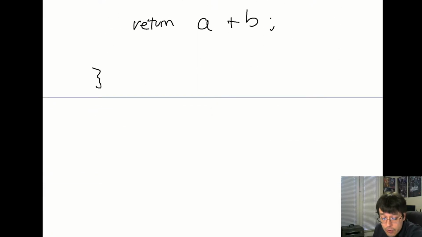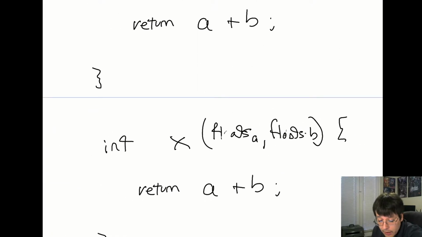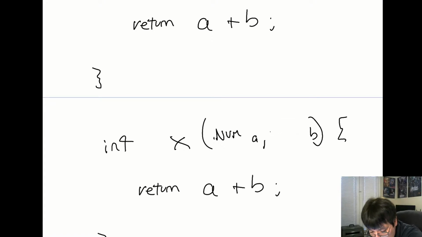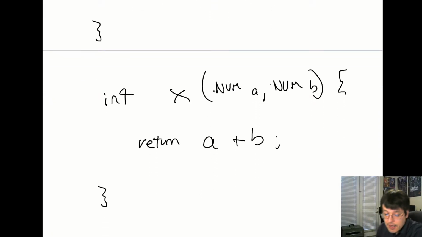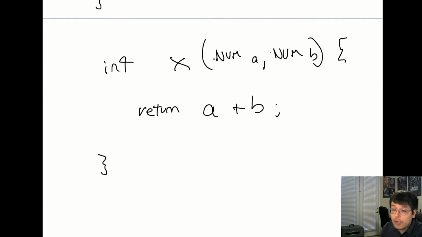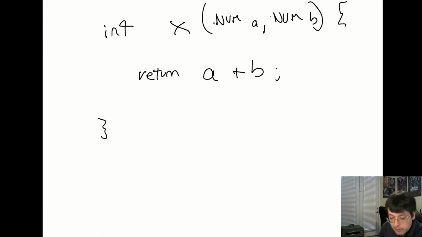And then let's just say that we have some class that we're going to call num. And this could work as long as you overload this operator, right? So reminder, how do we overload that? Well, we write that plus function, so we have to write our class num.